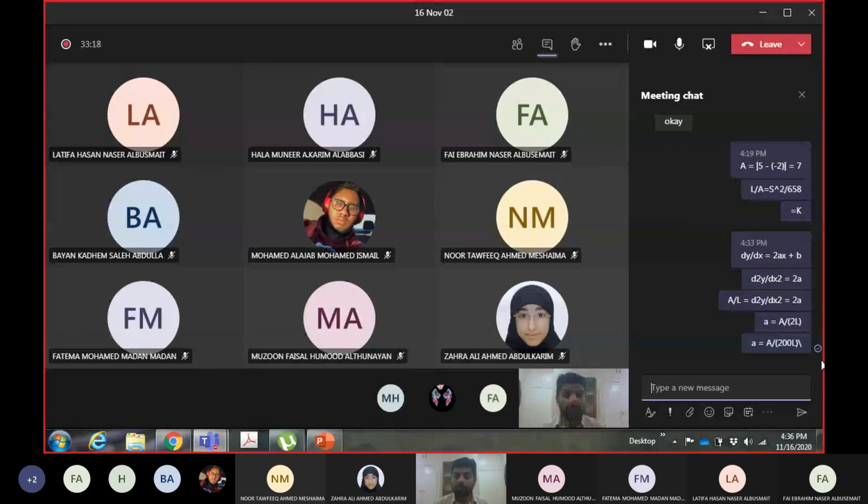Okay. Why 200? Because I need to convert capital A into a fraction. Since I am putting A in all the equations in percentages, instead of putting it in fraction in one equation while the remaining equations are still in percentage, I put the conversion factor in the equation itself. So every time you put capital A, it will be in percentage.